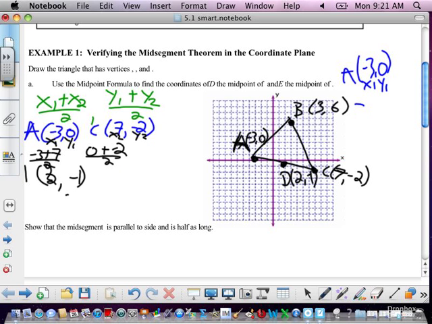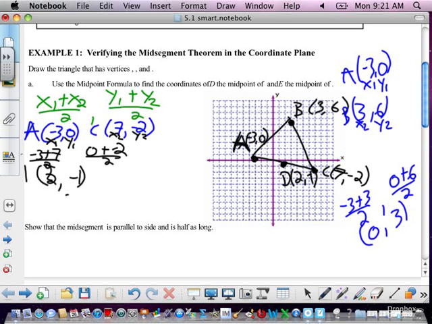So I'm going to have negative 3 plus 3 divided by 2, comma, 0 plus 6 over 2. Negative 3 plus 3 is 0, divided by 2 is 0. 0 plus 6 is 6. 6 divided by 2 is 3. And this is letter E. So let's plot that on there.